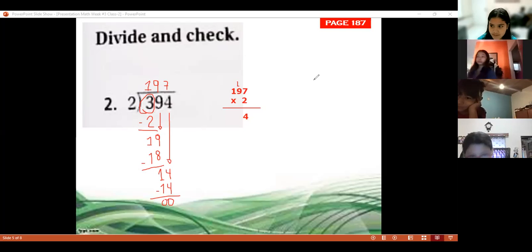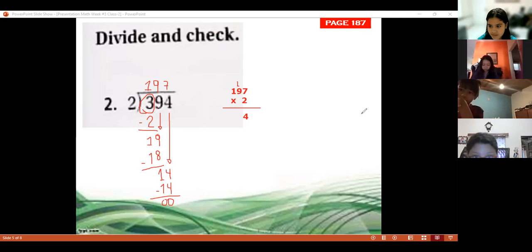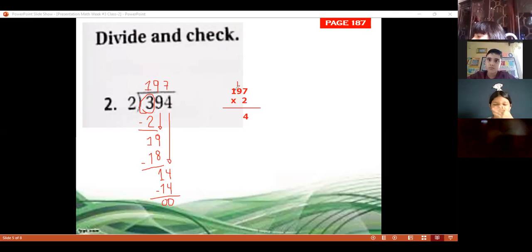Yes, we have to copy the multiplication. That is the example of checking the answer. That is 18. 18 plus 1, 19. Yes, copy everything. Now 2 times 1 is 2. 2 plus 1, 3.